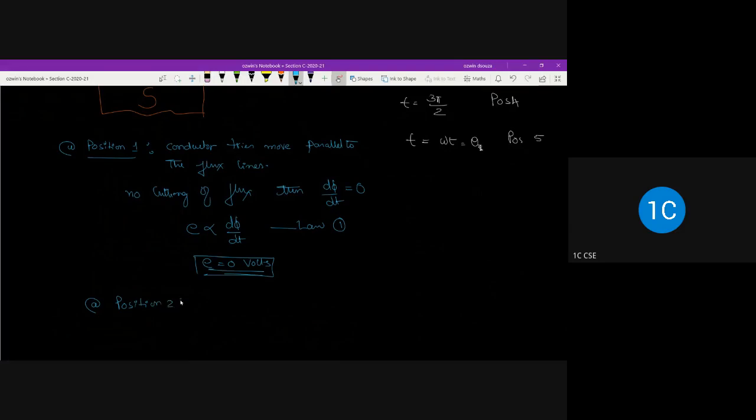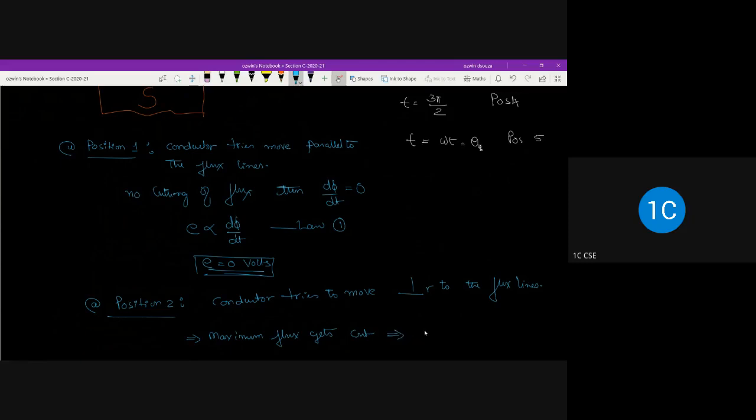At position 2, the conductor tries to move perpendicular to the flux lines. When the conductor moves perpendicular to the flux lines, the maximum flux gets cut.